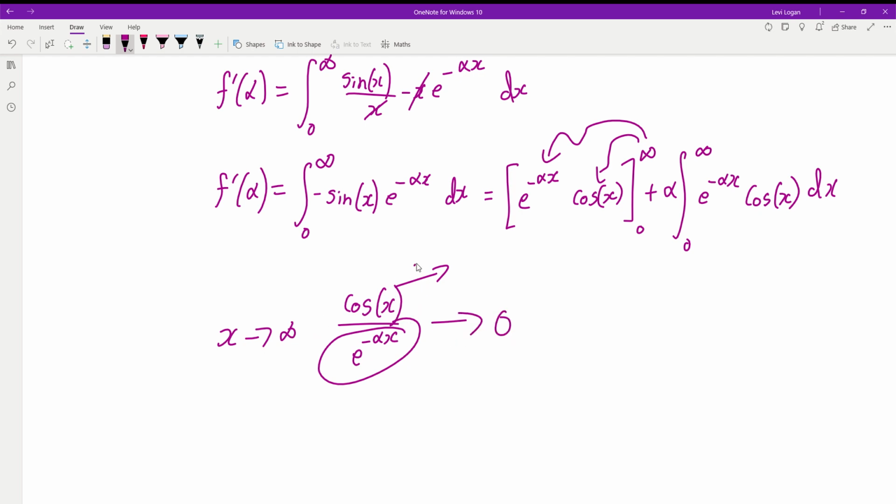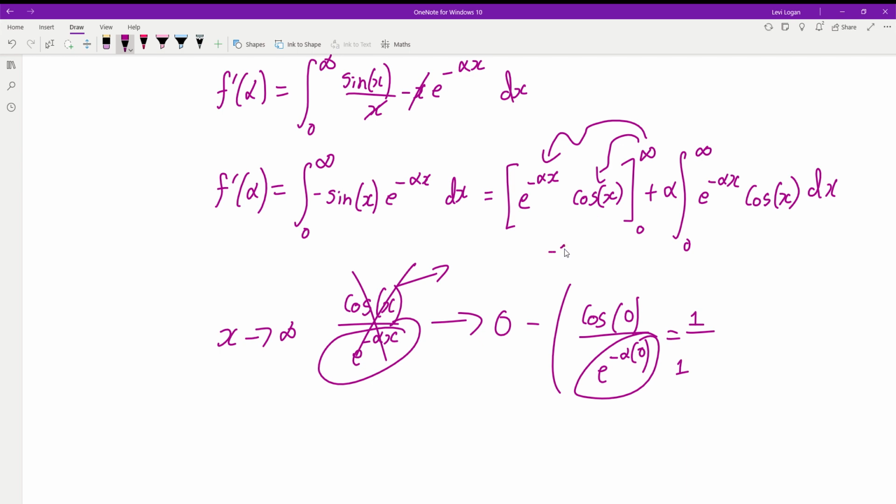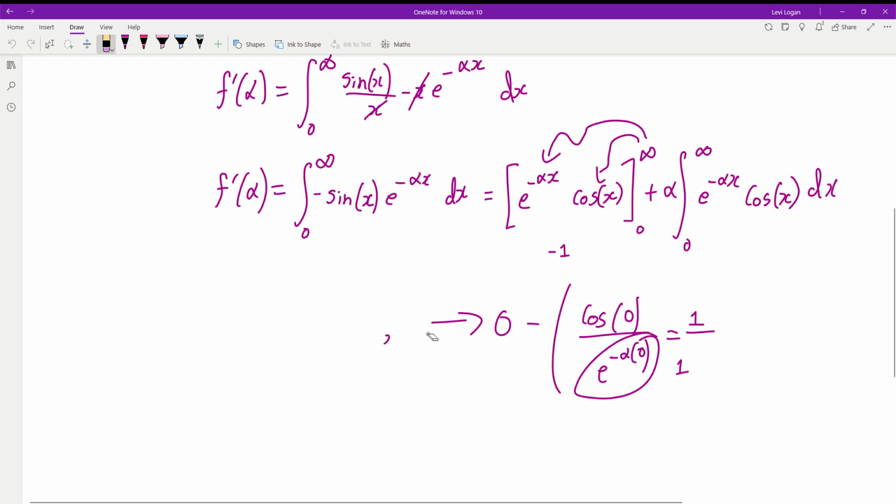So that goes to 0, and then we have minus, and then we put in 0 here, so we'll have cos of 0 over e to the alpha times 0. This will just turn into 1, and cos of 0 is just 1, so we have 1 over 1, but you have the negative sign in front of it, so this entire square brackets here is just equal to negative 1. Right, so I'm going to rub that out now, we don't need that.